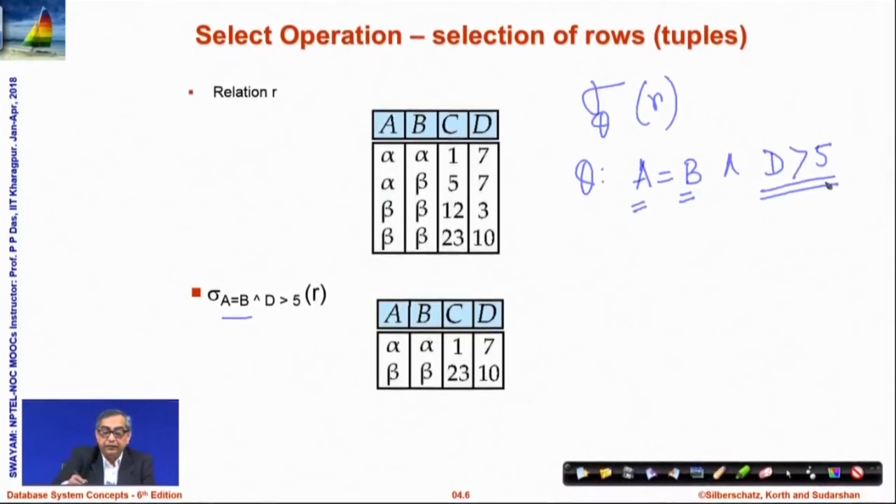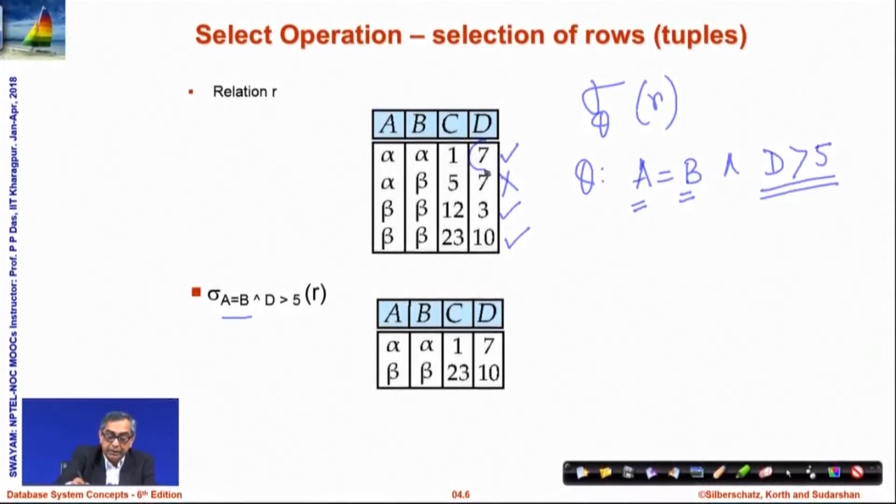By the first condition, A equal to B, we can say that this row does not satisfy it, because A is alpha and B is beta, whereas these three rows satisfy it.